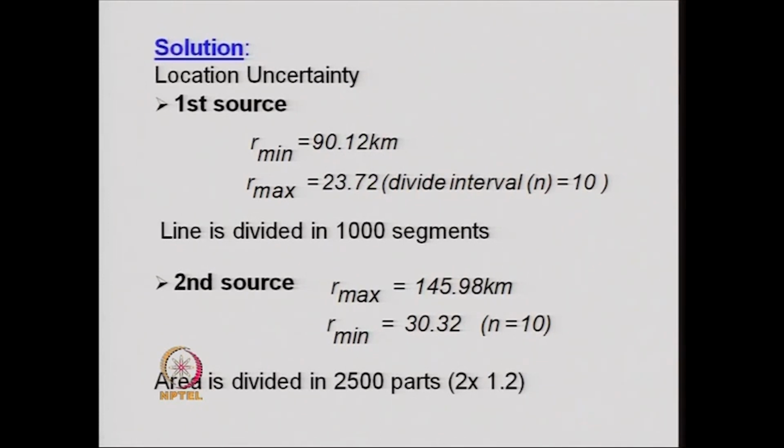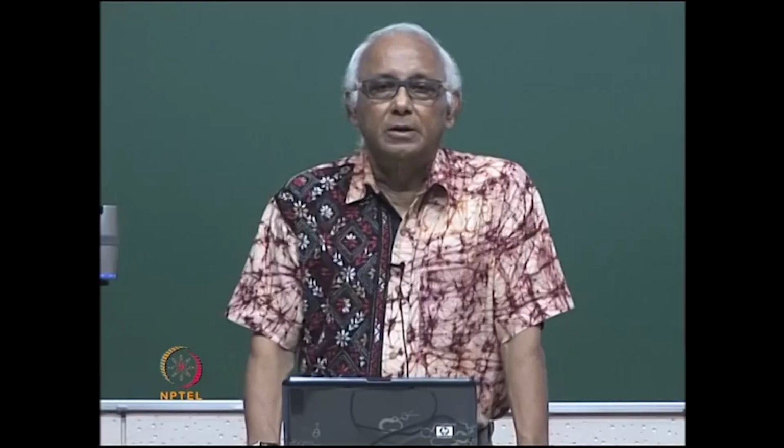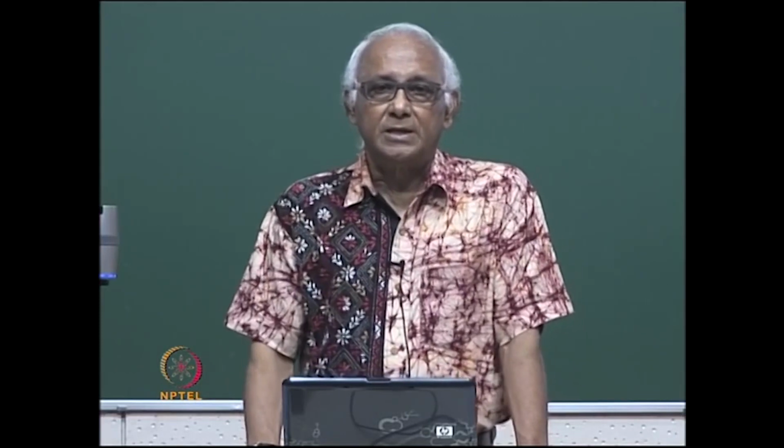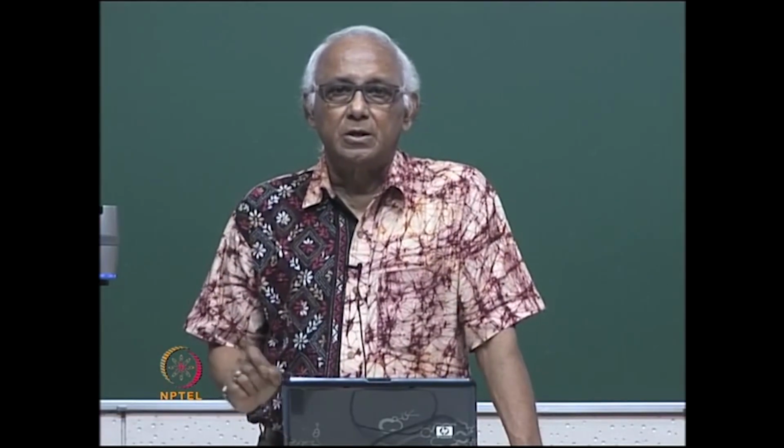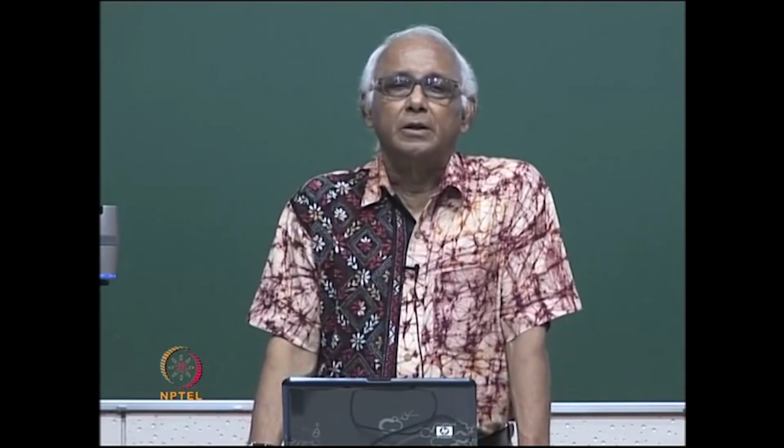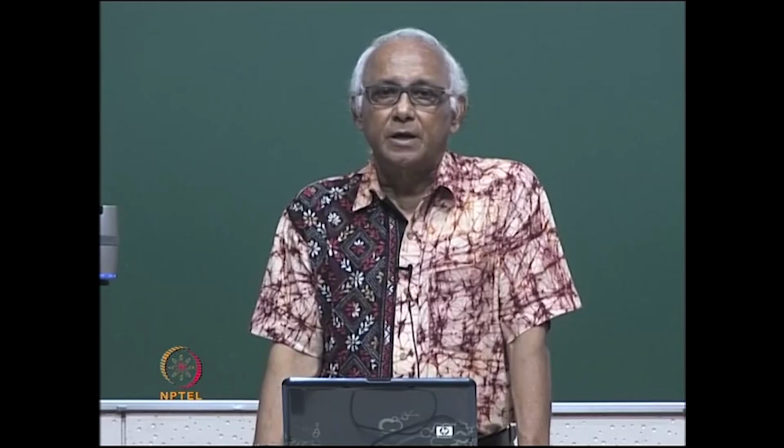That interval we obtain by dividing the maximum value minus the minimum value by 10. So counting the total number of radial distances lying within each interval, we can find out the probability of occurrence of the epicentral distance lying within certain interval, and the middle point of the interval is taken as the radial distance.